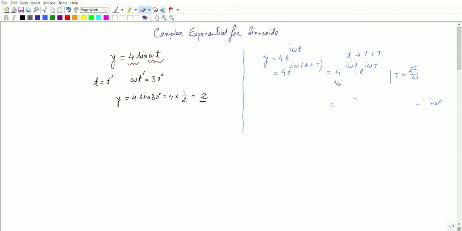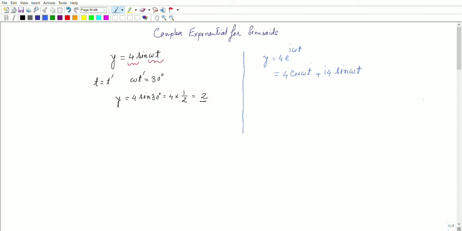Now what we were discussing is that instead of writing that sine function, we are using complex exponential to represent the sinusoid. If we use the Euler expression again to write this complex exponential in polar form, it becomes 4 cos omega t plus i 4 sine omega t.